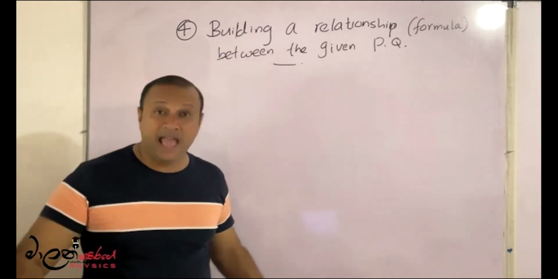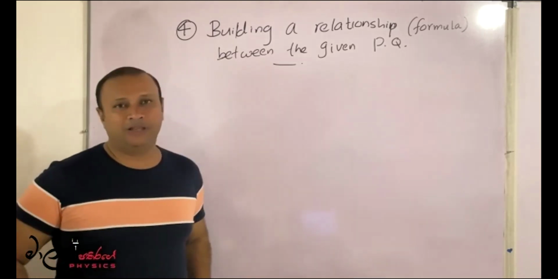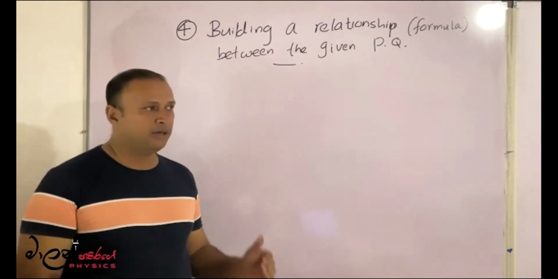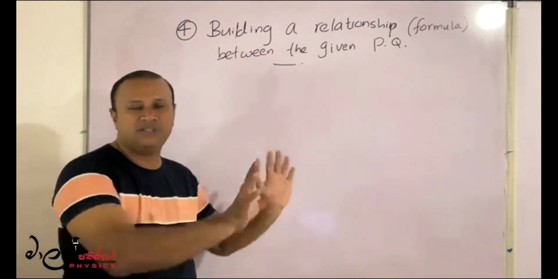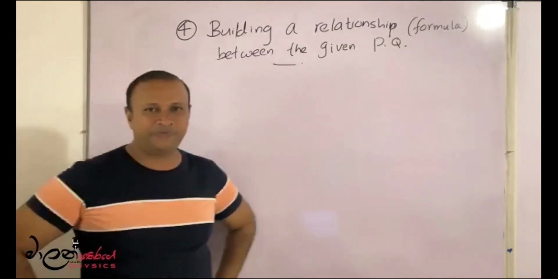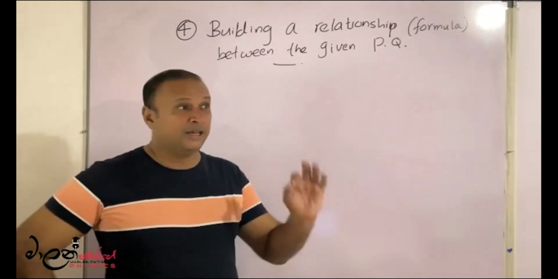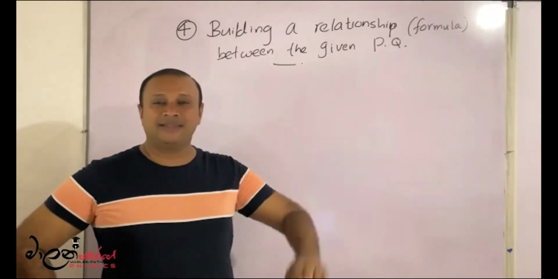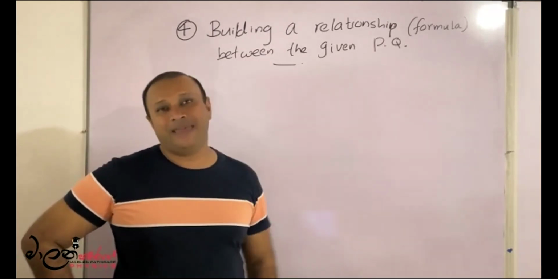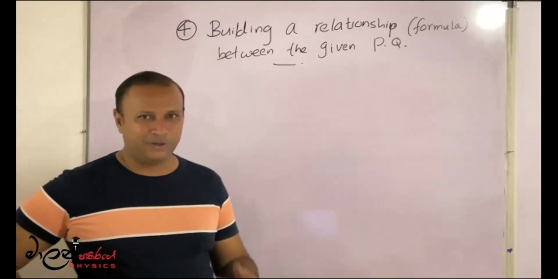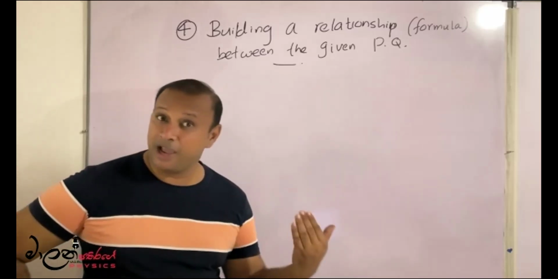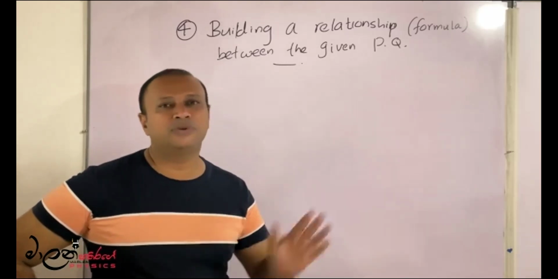You have to build a relationship as well as a formula, connecting those physical quantities. How to do that? There are a lot of methods, but dimensional analysis can be used to determine such a relationship up to some extent.